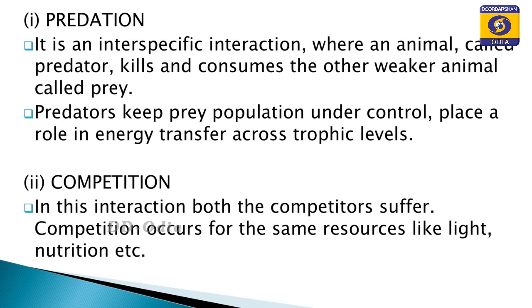Predation is an interspecific interaction where an animal called a predator kills and consumes another weaker animal called the prey. If you are considering one animal population, then individuals of another population may eat them for their sustenance. Why does the animal eat another animal?